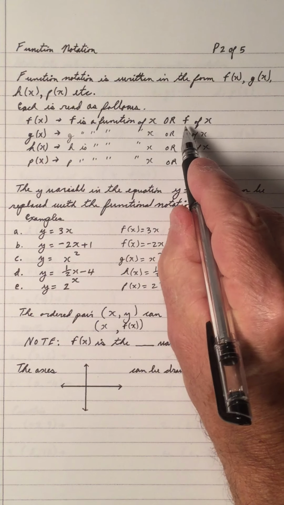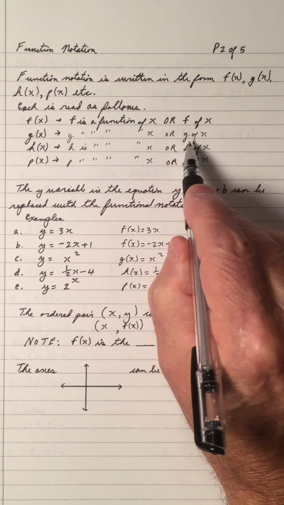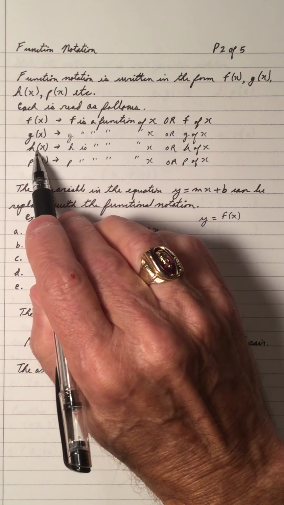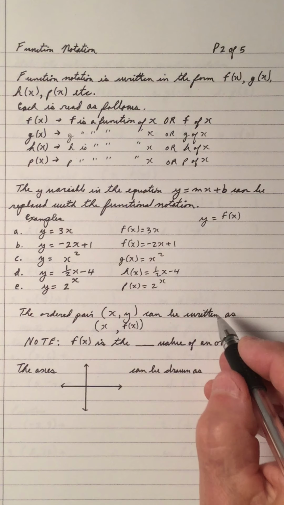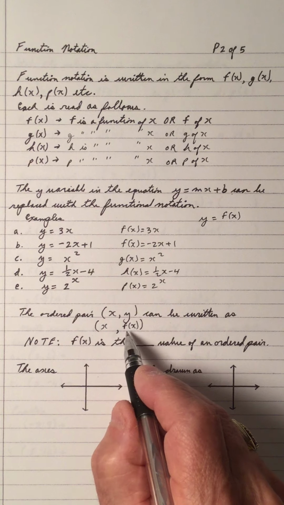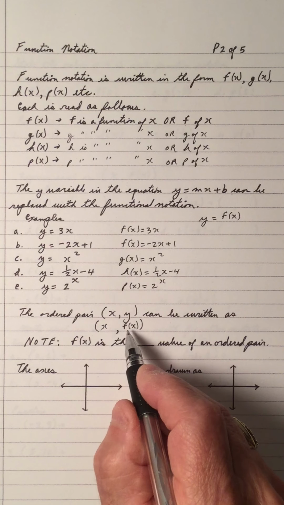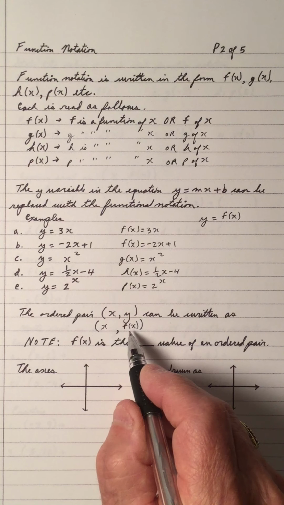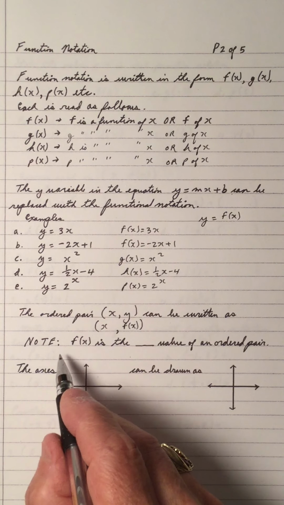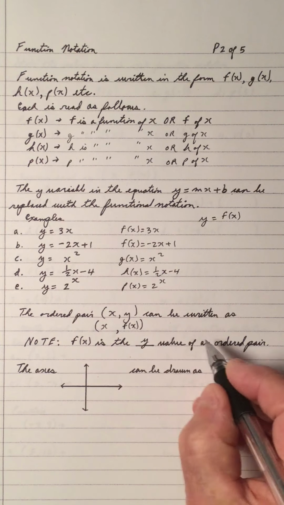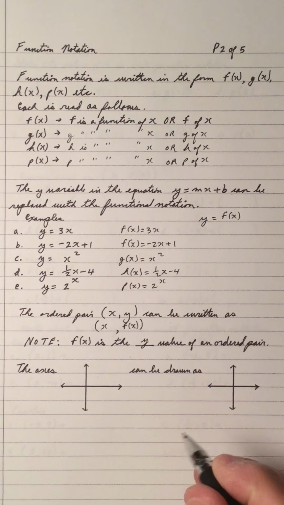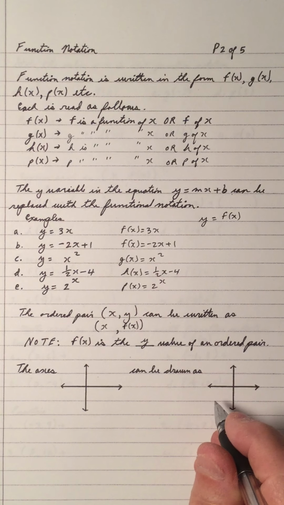Notice I read out f of x, g of x, h of x, p of x, and we mean "a function of." So (x, f of x), because the y is the same as f of x, and I'll explain that as we go in the video. Note, f of x is the y value of an ordered pair. Very important to recognize that.